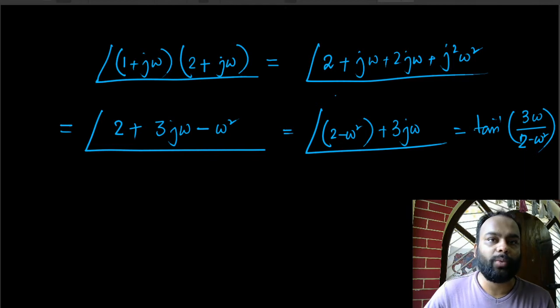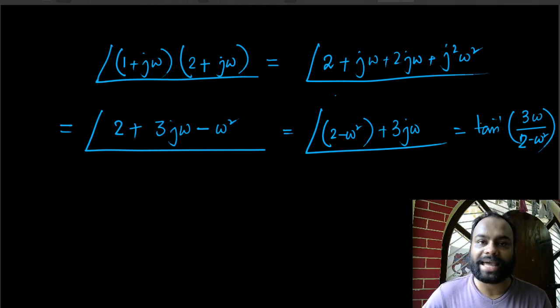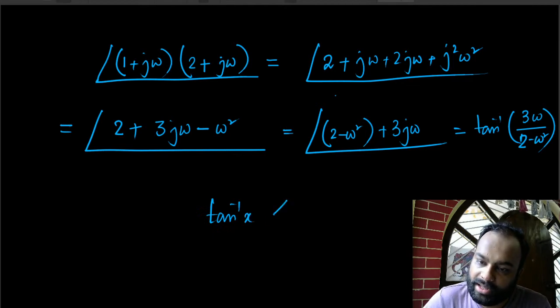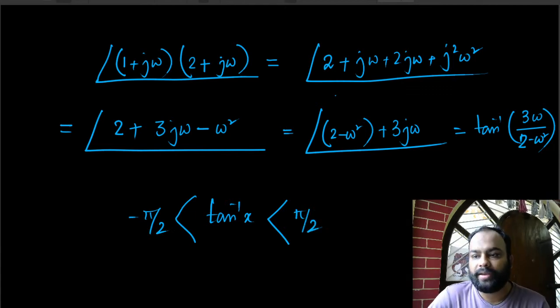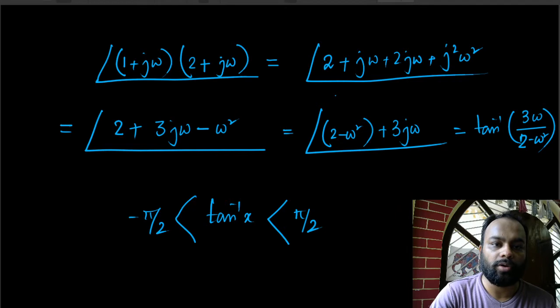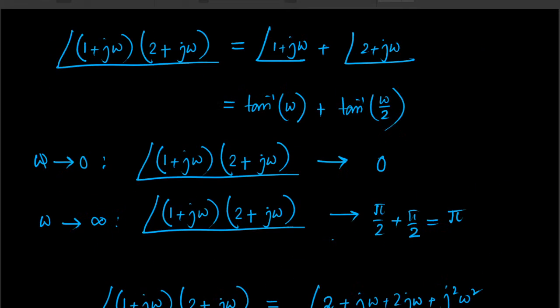Unfortunately, we have a problem now, because tan inverse anything is limited between minus pi by 2 and plus pi by 2. So whatever value of omega I put here, the phase angle cannot become greater than pi by 2. But we moments ago saw that when frequency is infinite, the phase angle should actually be pi, not pi by 2, but pi.